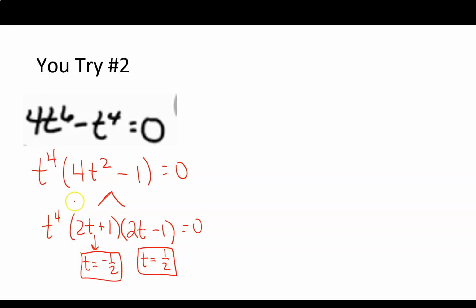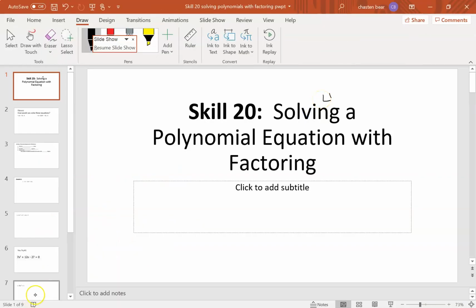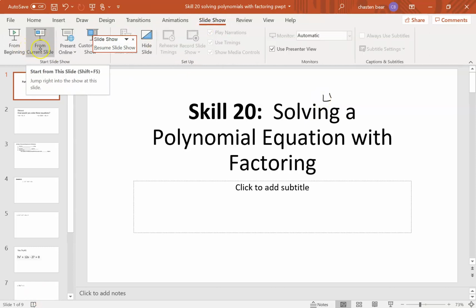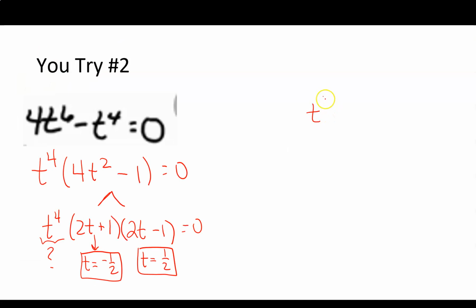And you might be thinking, okay, how do I do this one? Well, let's do that out to the side here. So you might be saying, okay, t to the 4th equals 0. Well, how do I get that 4th root gone, or that 4 gone?